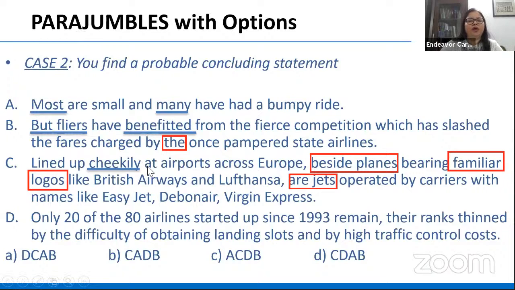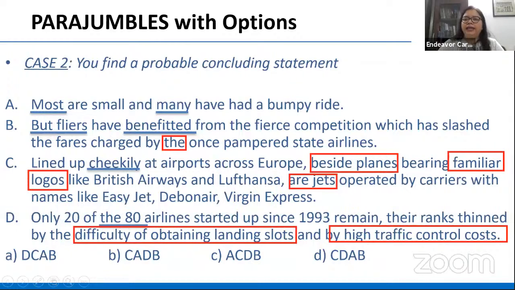"Only 20 of the 80 airlines started up since 1993 remain. Their ranks are thinned by the difficulty of obtaining landing slots and by high air traffic control costs." They are not able to obtain a landing slot. They are not able to pay the high ATC costs, the air traffic control costs, the fee to be paid to the airport. They're not able to deal with all this.